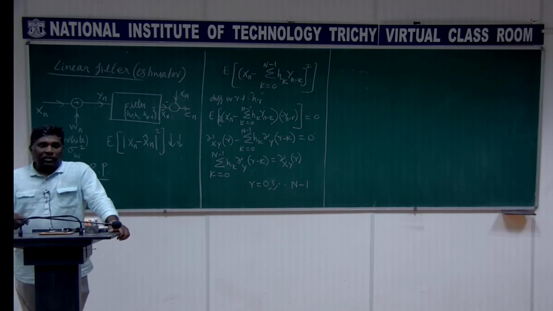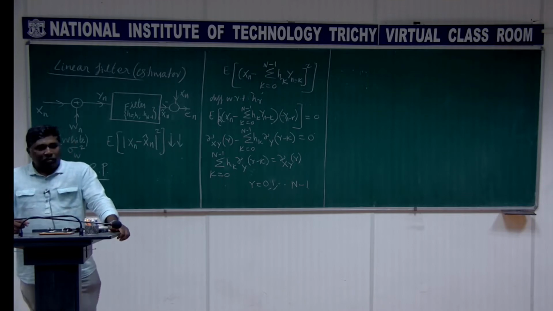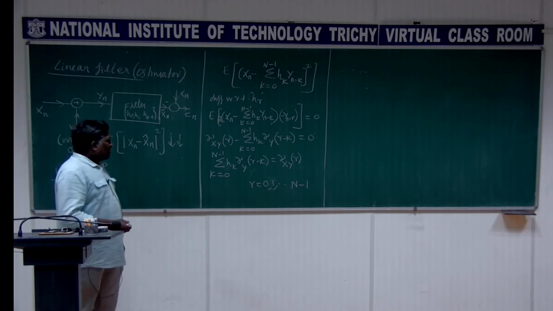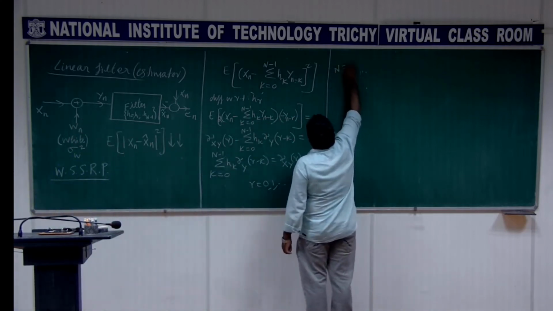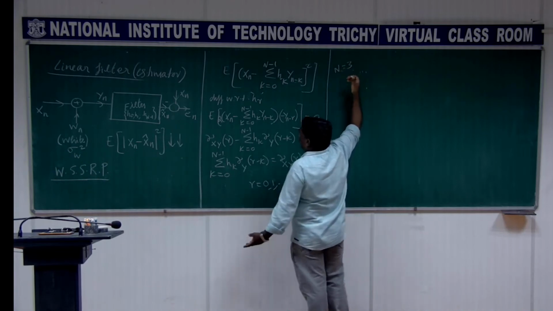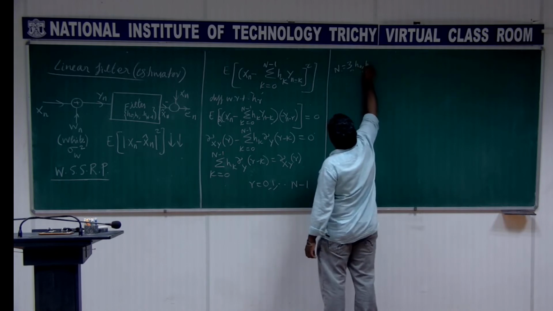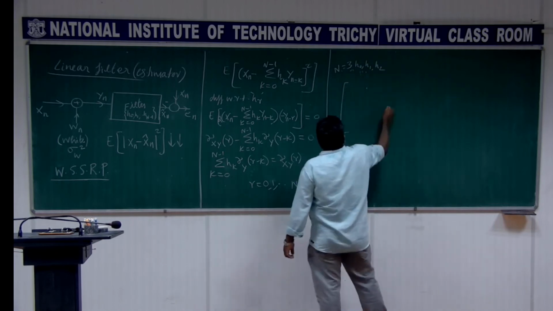Up to this we differentiate and we get a set of equations, and then we arrange them in matrix form for solving for H, right? So for the time being, let us consider n equal to 3, or 3 coefficients. So we have H0, H1 and H2 as the coefficients. I can write this in the matrix form.